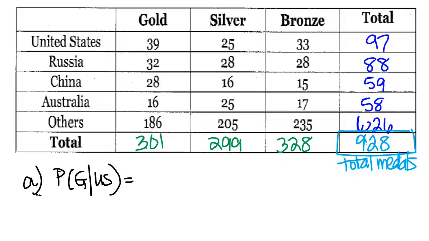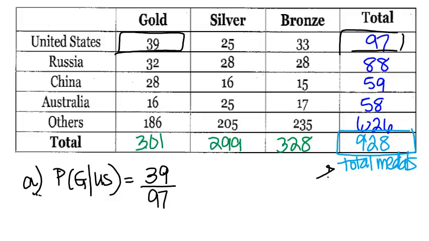Well, this should be pretty easy. Let's see. How many golds did we have? 39. Out of total number of US was 97. Because I don't care about how many golds there were out of everyone. I just care how many golds there were out of the US.